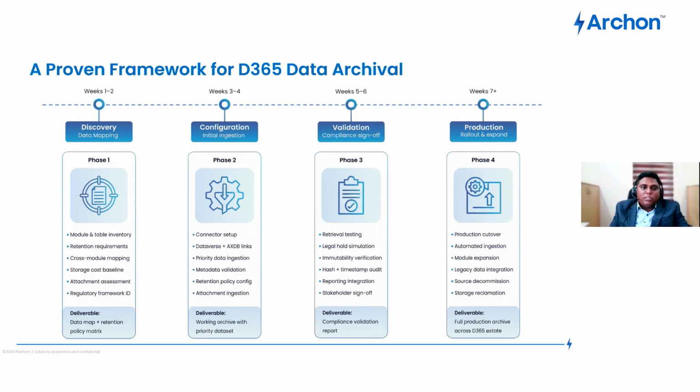And at the end of this phase, we will have a baseline of how much data we can be offloading from the system, right? And ideally, the next phase is going to be the validation, just to confirm that whatever we have done so far is apt and there are no data losses, and all the data lineage is fully maintained, and we have various methods for validating that what we have done is accurate.